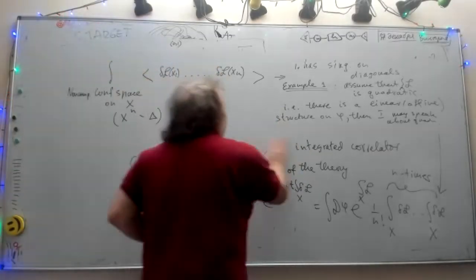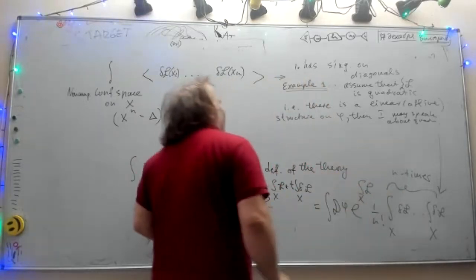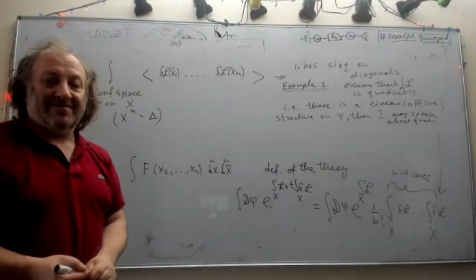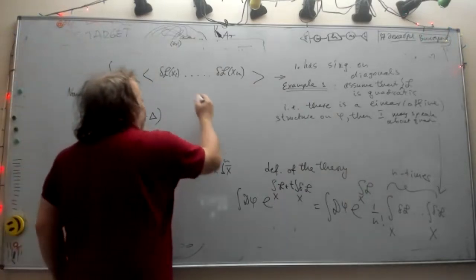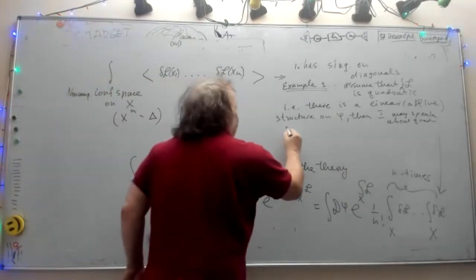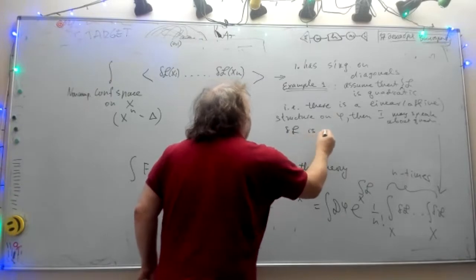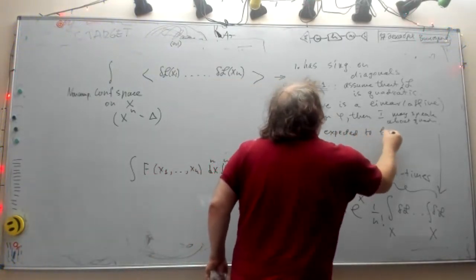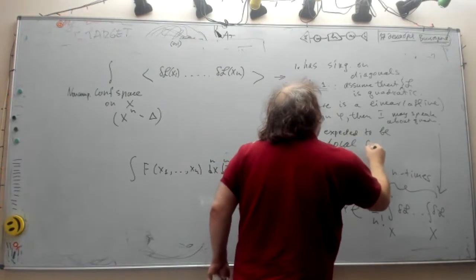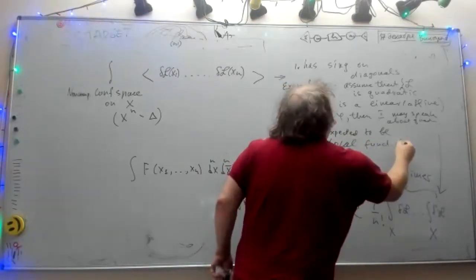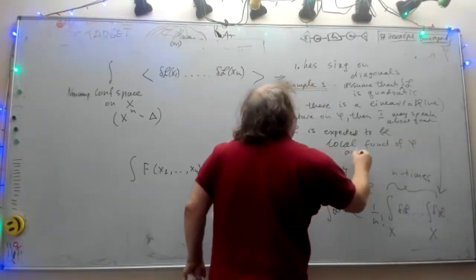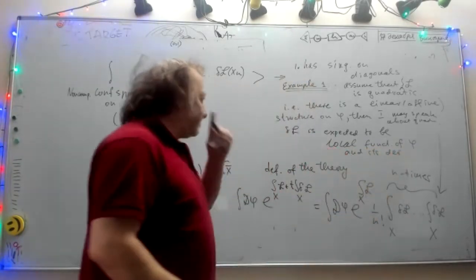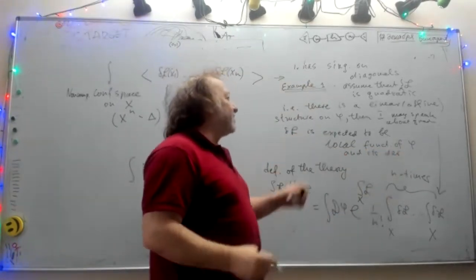So, if it is quadratic, we know the structure of this guy. Delta L is expected to be local functions of phi and its derivatives. So delta L are expected to be polynomials.